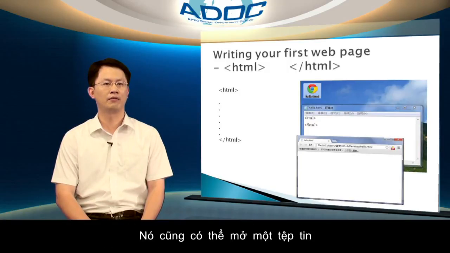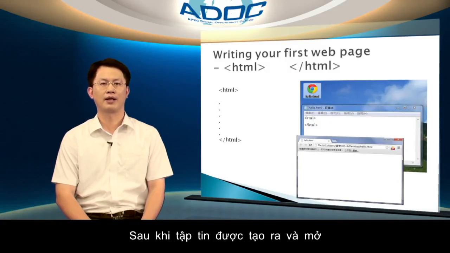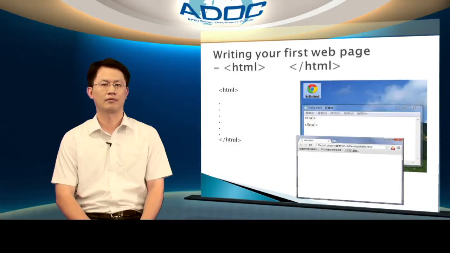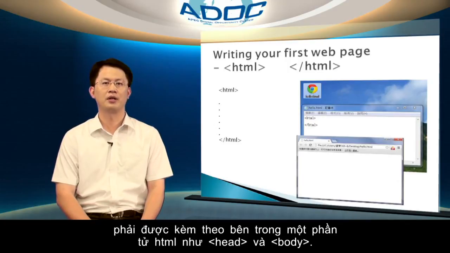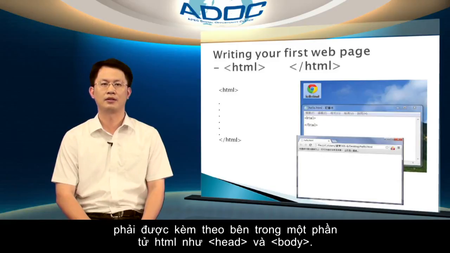It will open the file as well. After the file is created and opened, we can start writing our HTML code by typing the open HTML tag and the close /HTML tag. All elements and tags in an HTML page must be enclosed inside an HTML element, such as head and body.